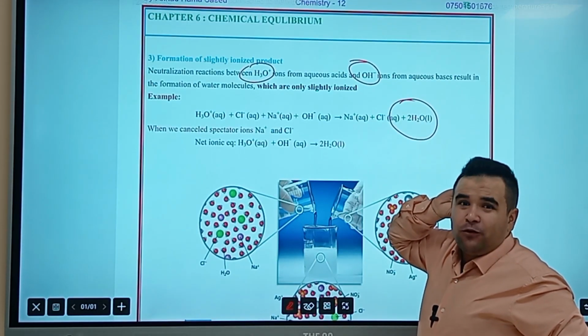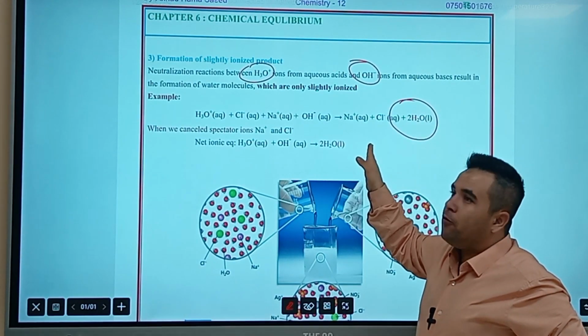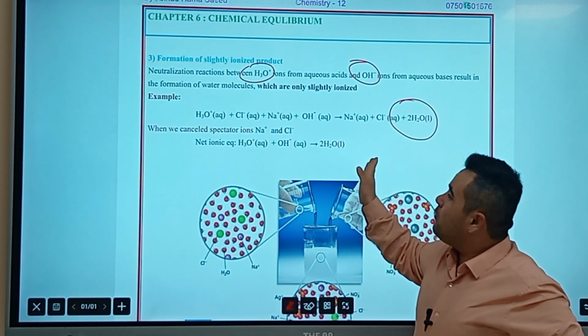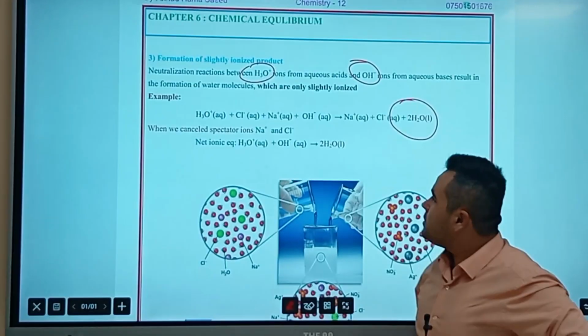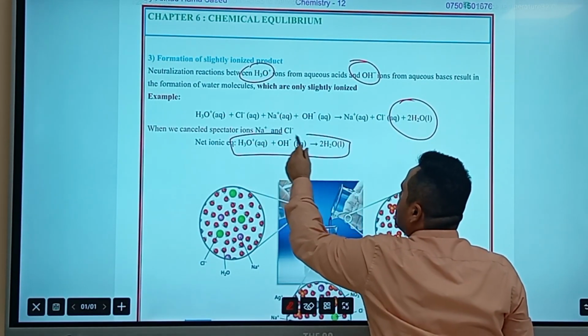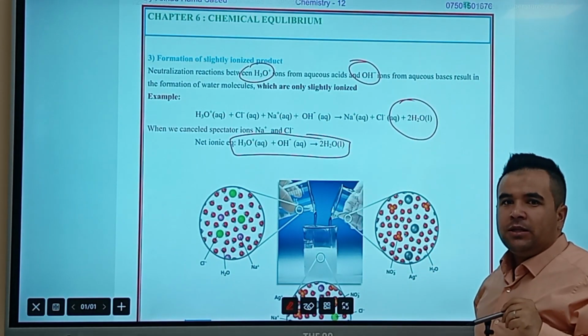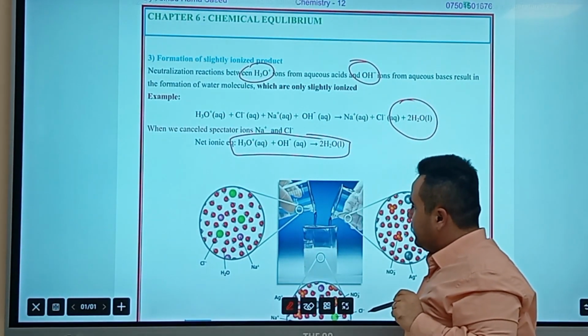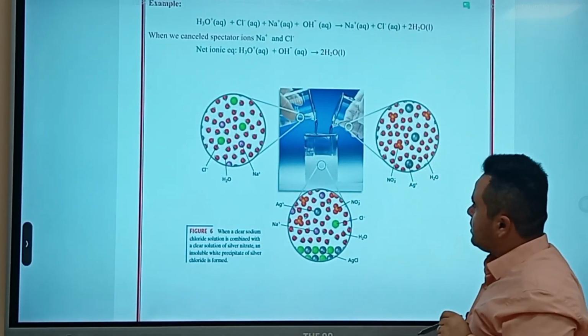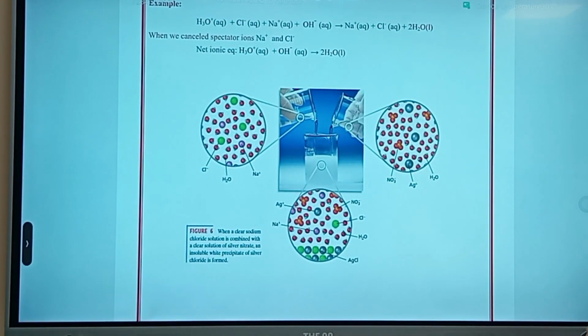So the favored direction in this case is toward the formation of the slightly ionized molecule. The slightly ionized molecule has no tendency to go back to form the ions. That's why we can say that this reaction goes to completion because of the formation of H2O in the product, which is a slightly ionized molecule.